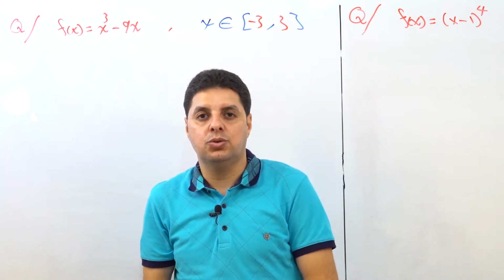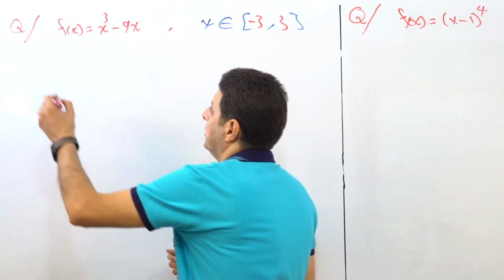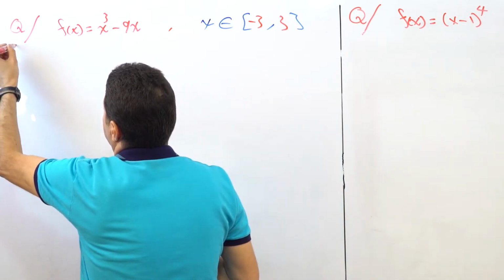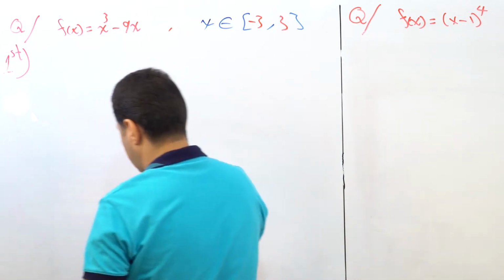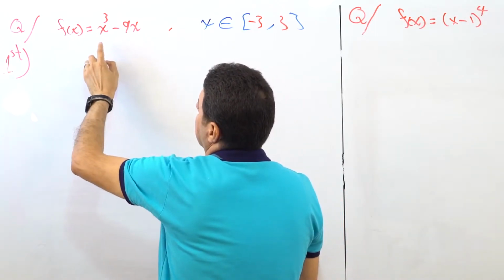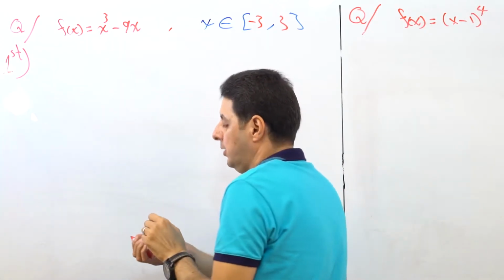فلنحقق الشروط الثلاثة. First condition واضح أن الدالة function polynomial كثيرة الحدود.